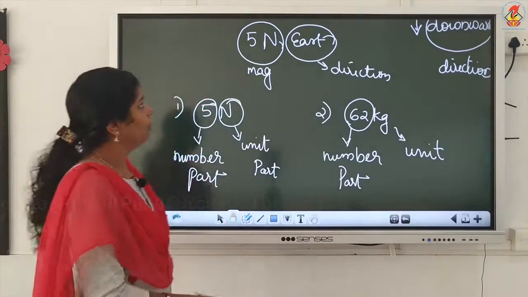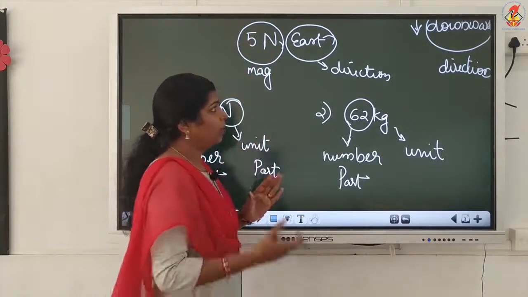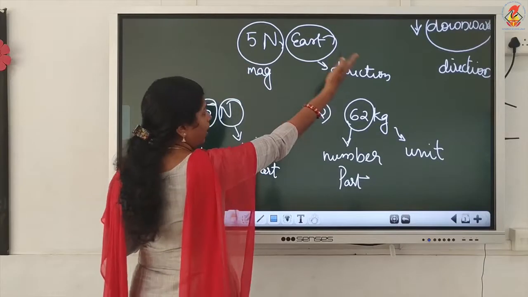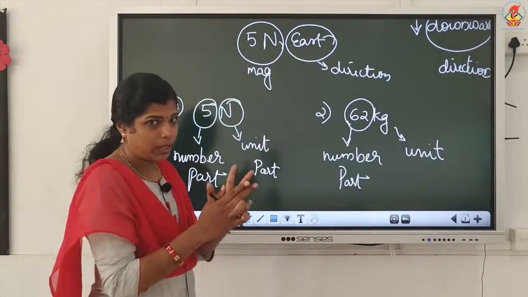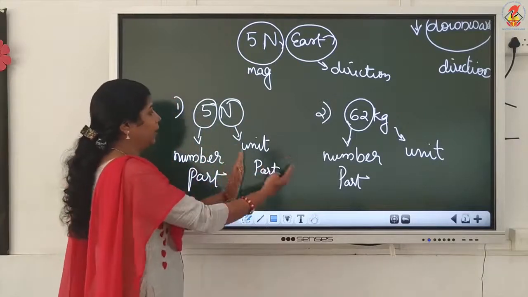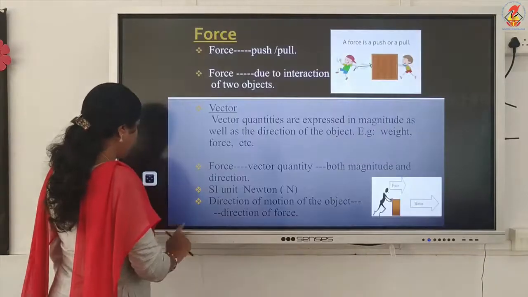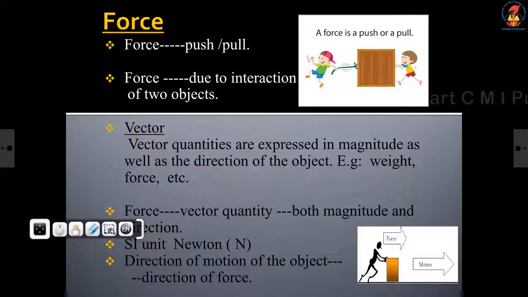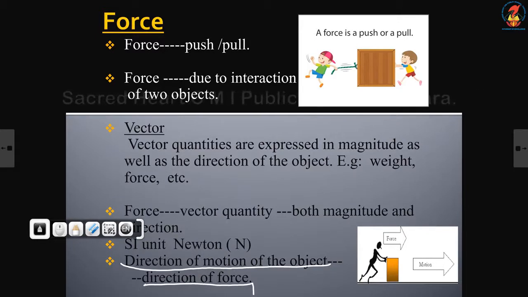So, force is a vector quantity, meaning it has both magnitude and direction. This magnitude part consists of two parts, one is a number part and the other is a unit part. The direction of motion of an object is the direction of the force. In which direction you apply the force, in that direction the object will move.